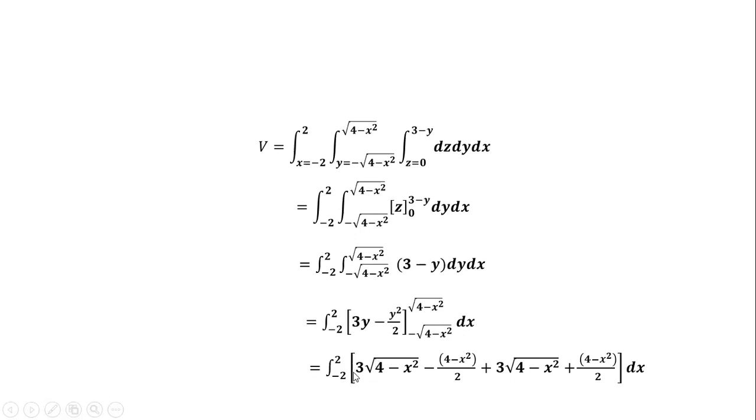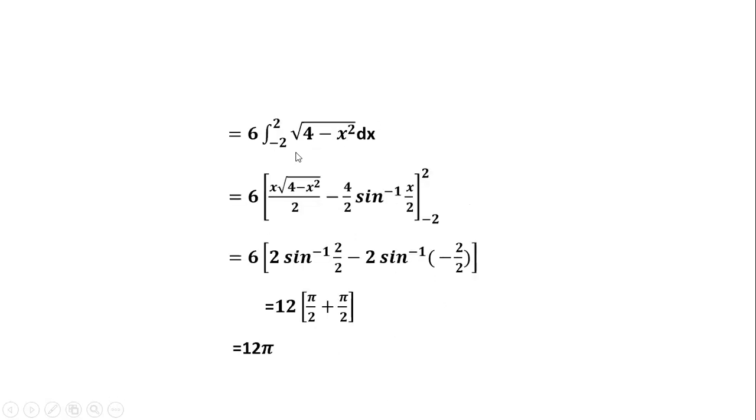So we will get 3 times square root of 4 minus x square minus 4 minus x square by 2, this is the upper limit, plus 3 into square root of 4 minus x square plus 4 minus x square by 2 in the lower limit. After simplification, we will get 6 into integration from minus 2 to 2 of square root of 4 minus x square dx.